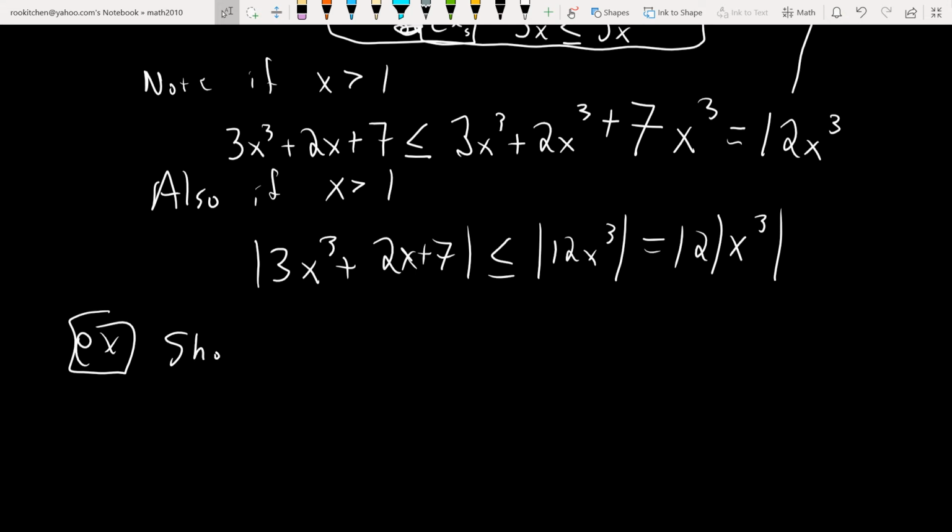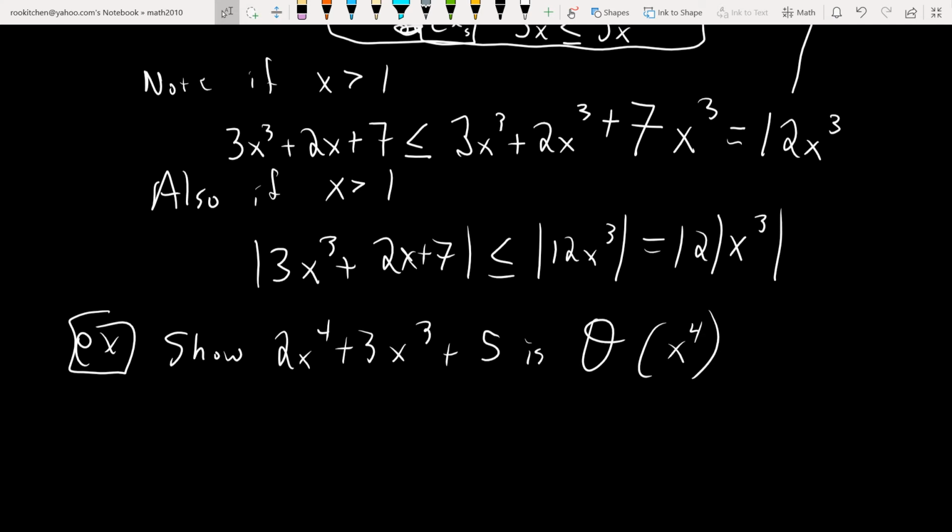Okay, so an example of proving something is big theta. So we want to show that 2x to the fourth plus 3x cubed plus 5 is big theta of x to the fourth. Okay, so we note, whoops, I don't want to do big theta, I want to do big omega first. Or wait, I'm showing it's bounded. Okay, so yeah, my end goal is to show it's big theta. I'm sorry.